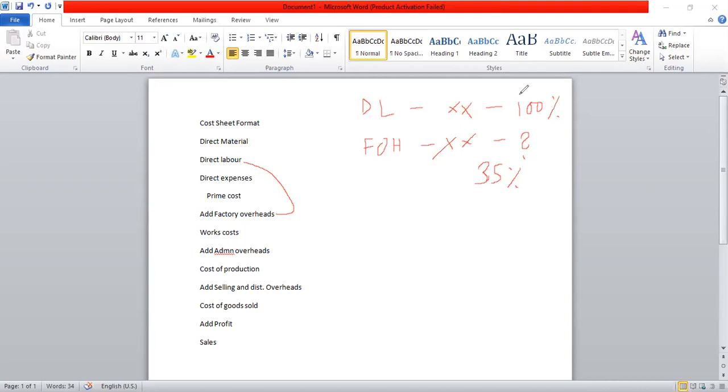So these are the disadvantages of the traditional costing system. Because they depend on a predetermined overhead, the total cost can be overcharged or undercharged.